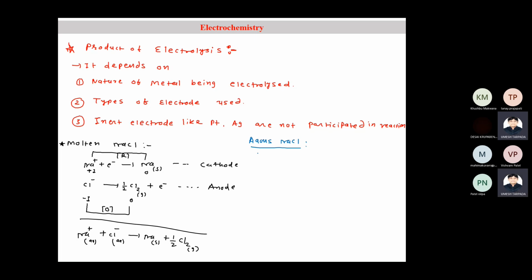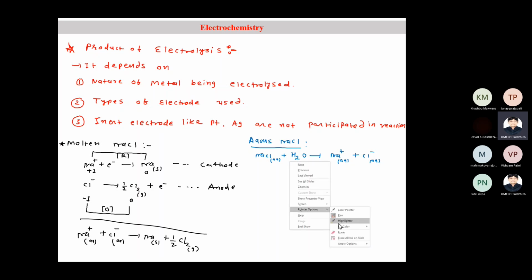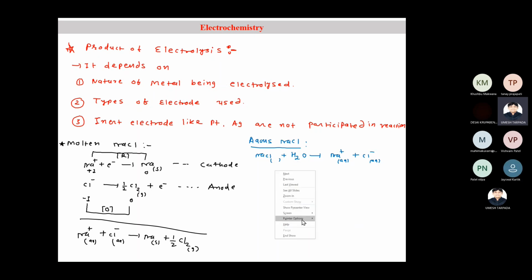NaCl first gets hydrolyzed in the presence of H2O to Na plus ion and Cl minus ion. So this gets hydrolyzed.